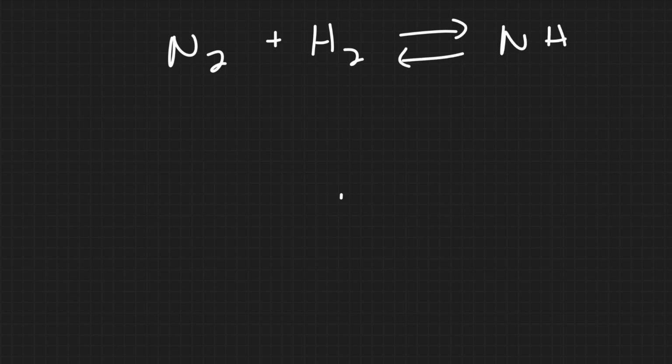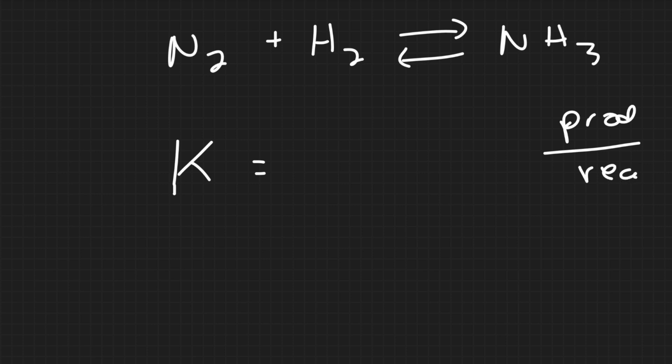Essentially, let me just go through an example here. If we have nitrogen gas plus hydrogen gas, and then that would go to NH3. If we were to write an equilibrium expression for this, we'd first start with our K, and then that would be equal to, remember, we're going products over reactants.